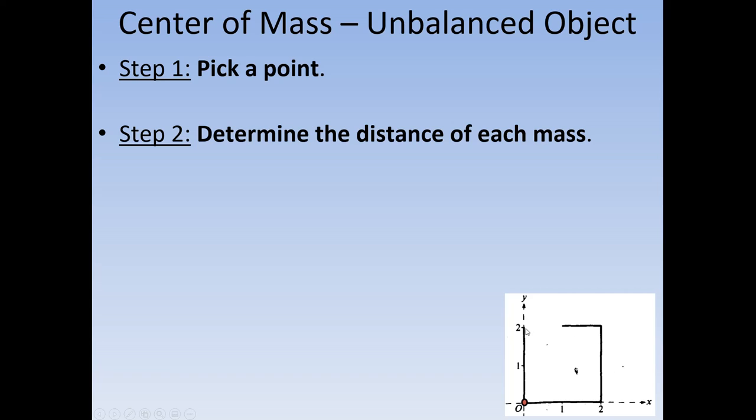Because they don't give me an actual mass to use, I'm going to say that this segment is M, this segment is M, this is M, and this segment, since it's half the length of all the other ones, is half M. If you wanted to make your life a little easier, you could have made this 2M, 2M, 2M, and M. Doesn't matter.